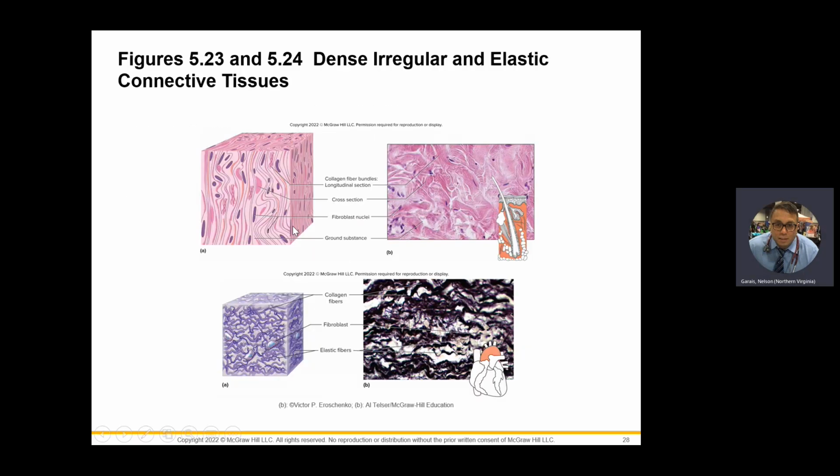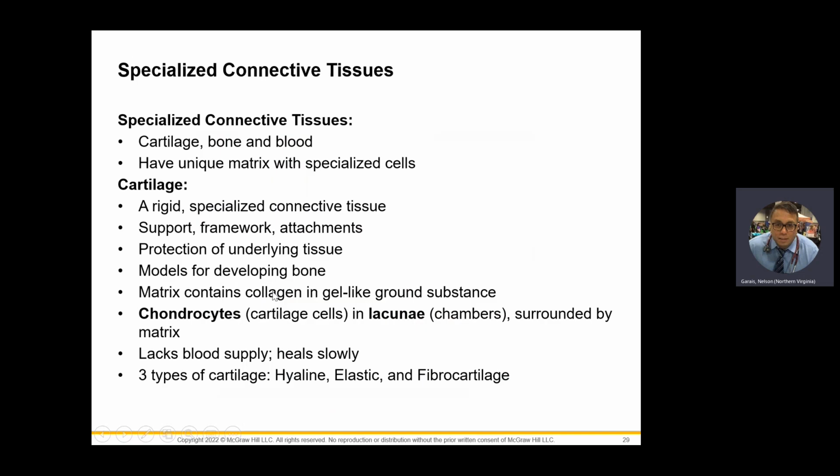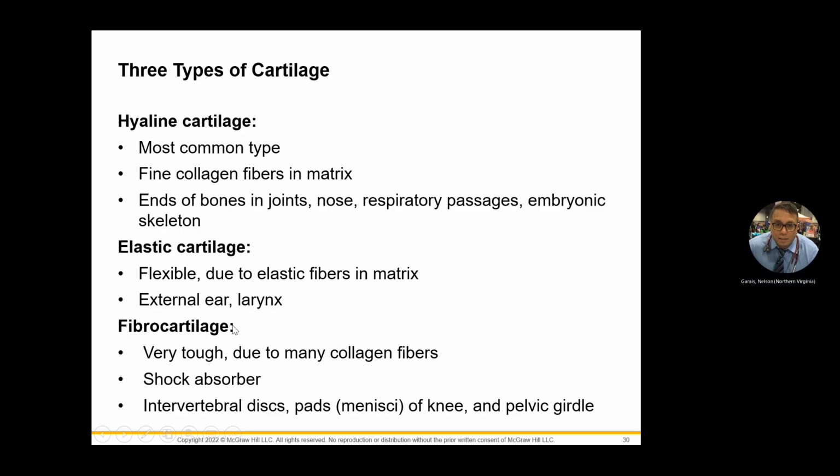Dense elastic, yeah, we already talked about that. Cartilage, also known as chondrocytes. Chondro means cartilage. Three types of cartilage. Most common, hyaline, right? Then you have elastic. Think your voice box, your larynx, and your vocal cords, because they have to be elastic. And last but not least, fibrocartilage.